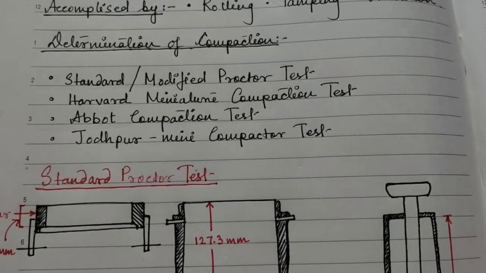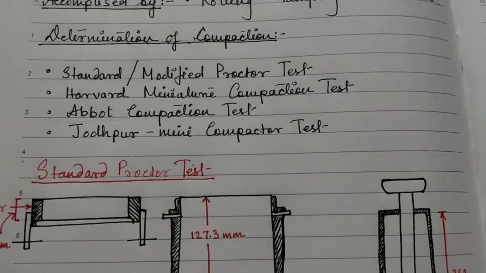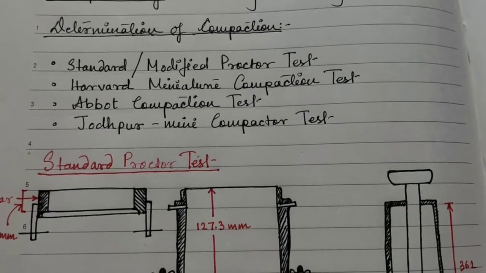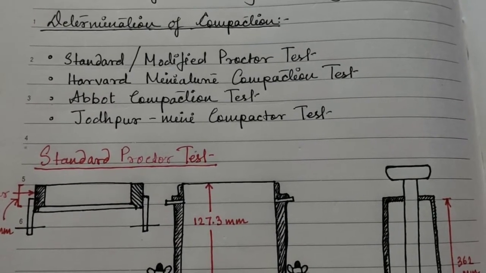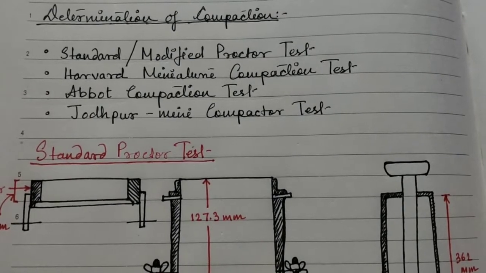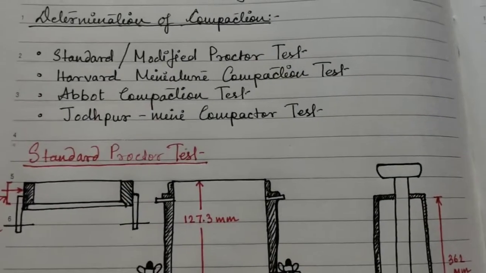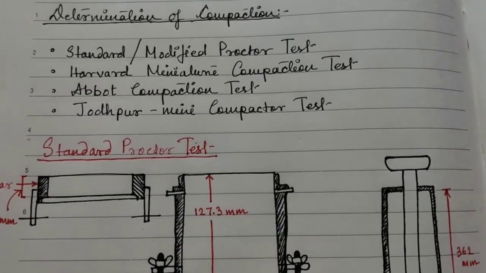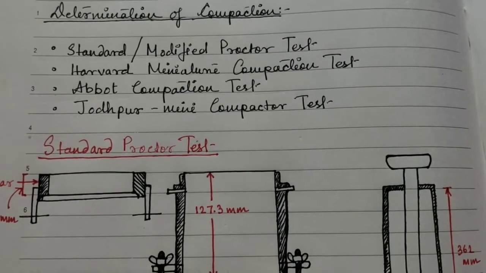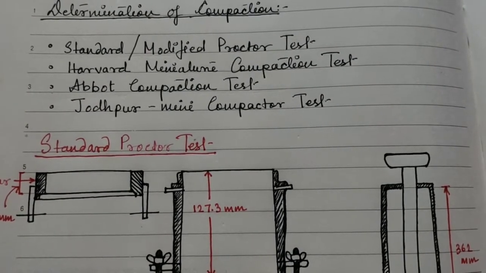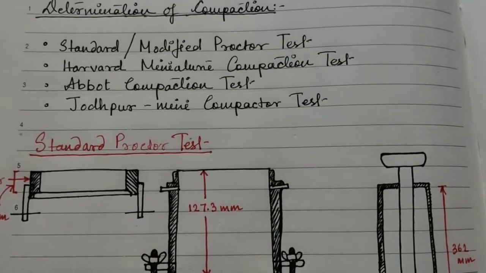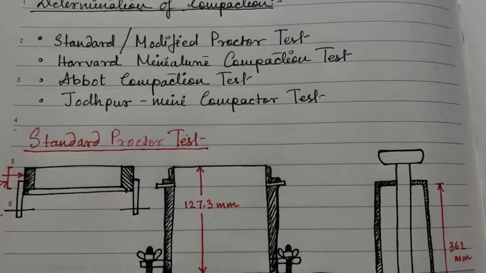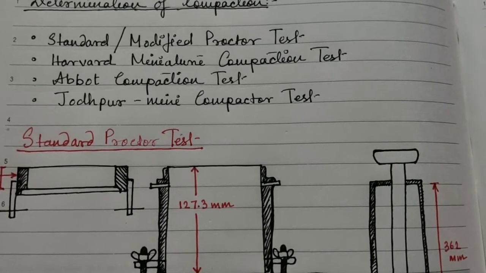How does water affect it? Suppose you take a very simple example: for building any kind of construction, you will see that some kind of white sand is used as filling material. After placing the white sand, you can easily see that it is tamped with a tamping rod. Along with the tamping, water is sprinkled on top of the white sand. Why is the water sprinkled on top of the white sand?